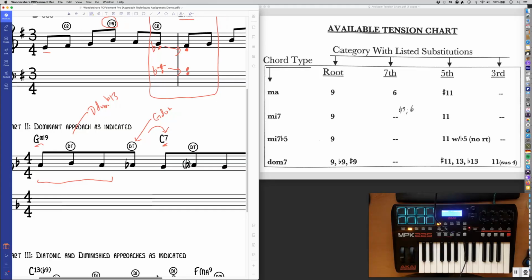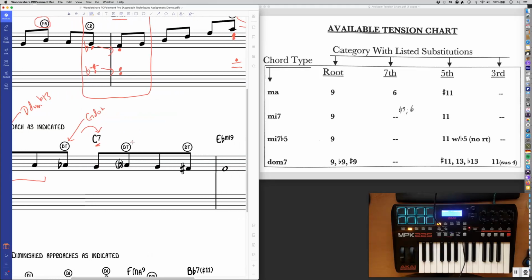And then moving on a little bit further, again, we are now in the chord of C, if you will. So this is going to be a G dominant. This is going to be a G dominant flat 9 here, by the way. And then again, another G dominant flat 9.